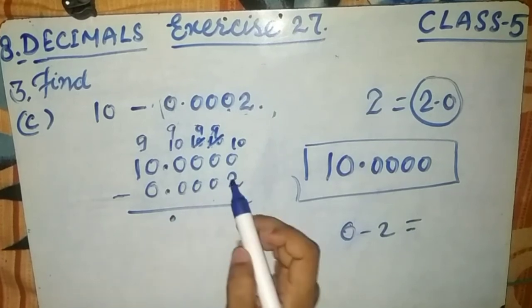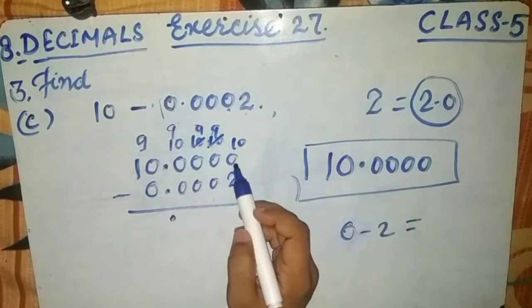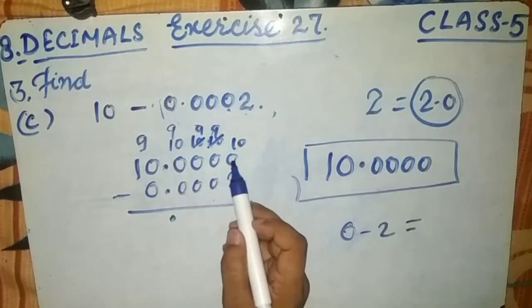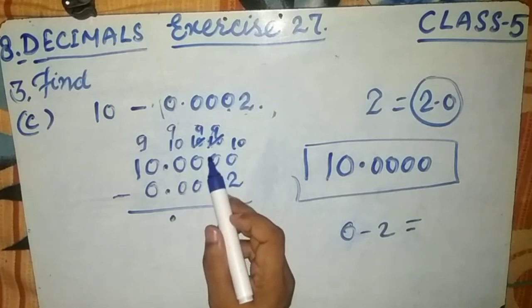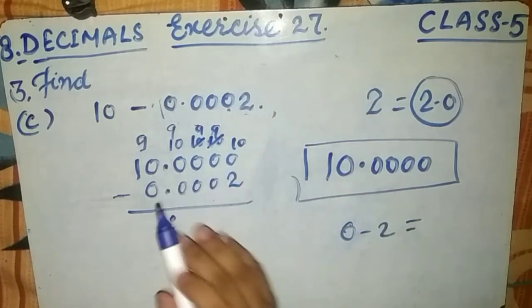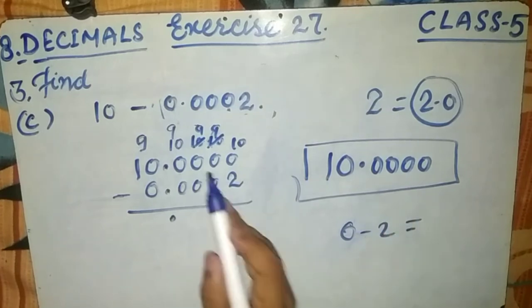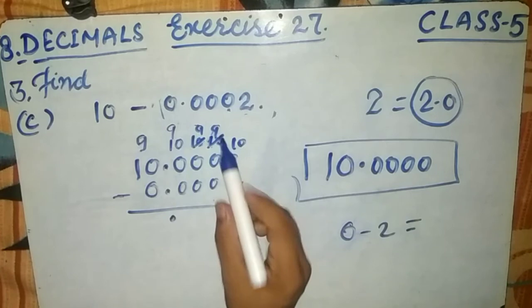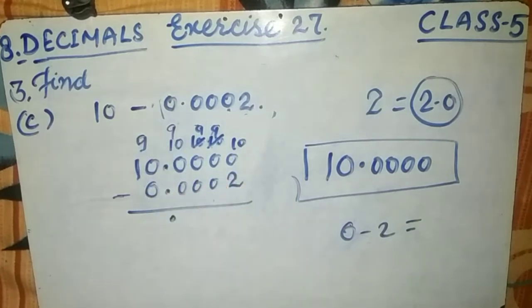So now the 0 will take 1 as a borrow from its neighbor. The neighbor here is 10. This 10 will give 1 to the neighbor. This becomes 10, and this is 9.